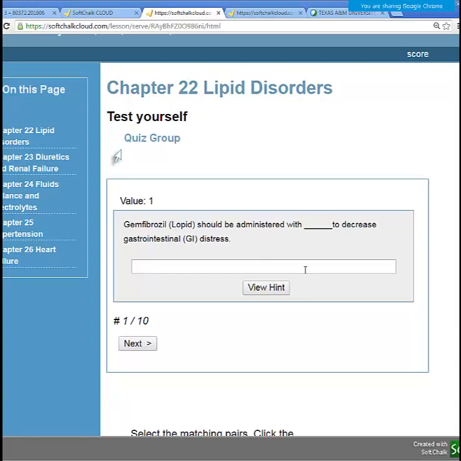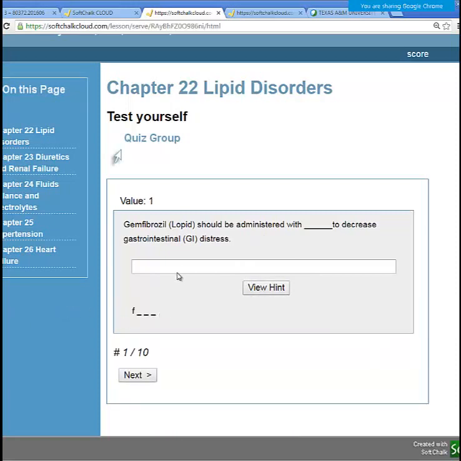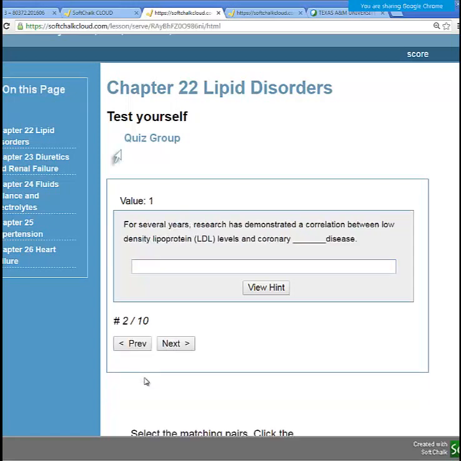I'm going to think of something that makes your stomach feel better, right? So there's the hint, and it's food. Anytime there's something about a medication should be administered with or in association with, it's either with a meal or without a meal. You can always bet it has something to do with whether they're eating or not eating.